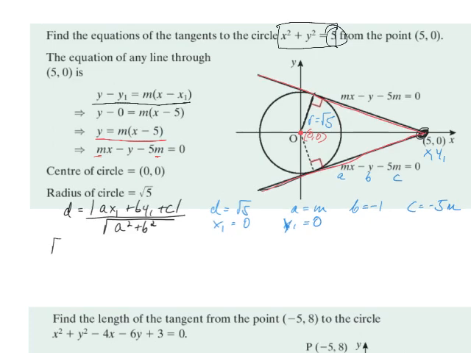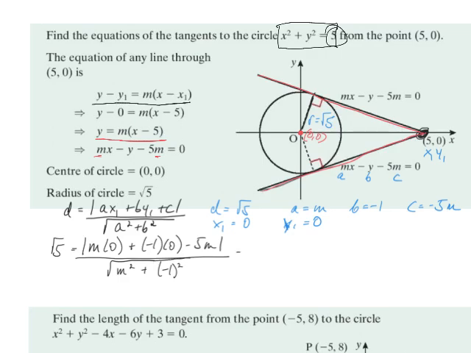So we have root 5 equals the absolute value of a times x1, so m times 0, plus minus 1 times y1, which is 0, plus minus 5m, over the root of m squared plus minus 1 squared.